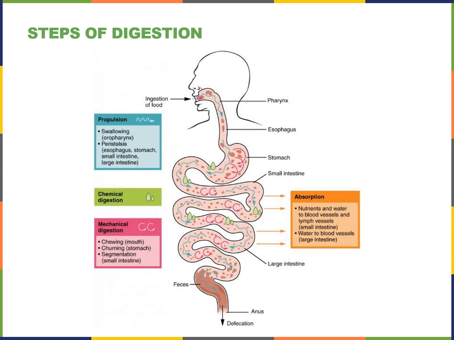Okay, so we went through the steps here. We have ingestion. Again, you can see the swallowing, and then I usually consider the propulsion to be the second step after we swallow, and we go through peristalsis to get it into the stomach. And then we're going through mechanical breakdown into chemical digestion as well.